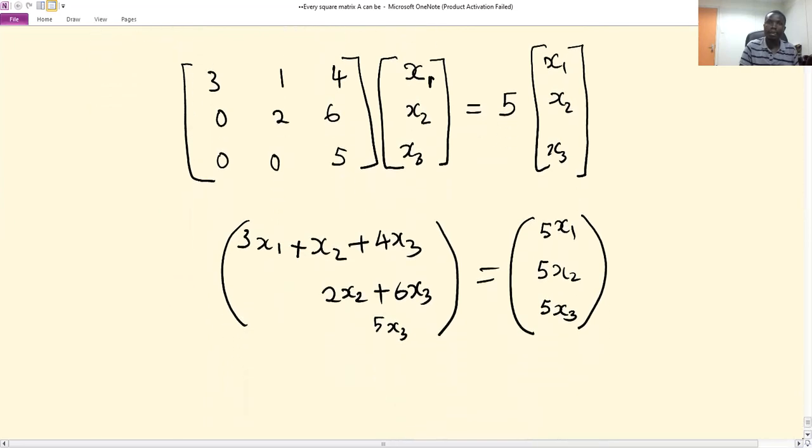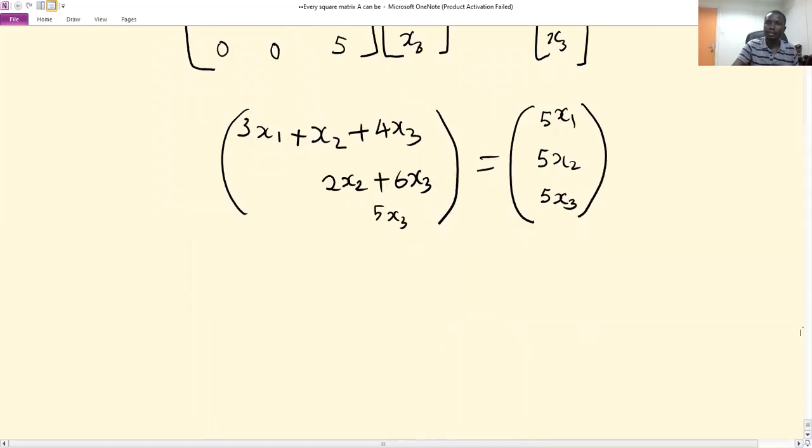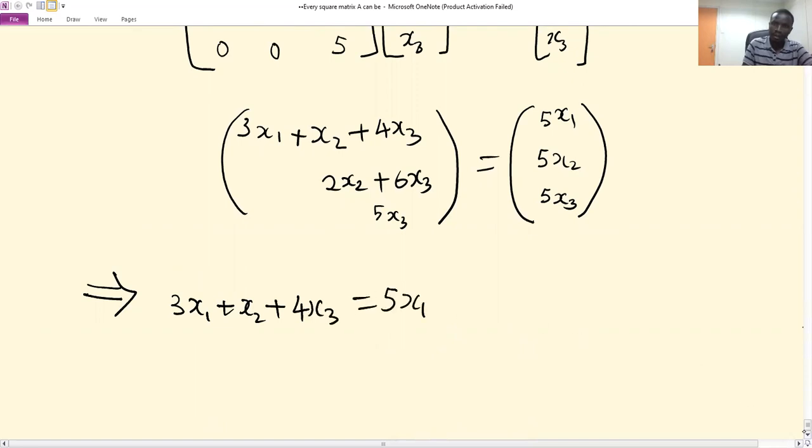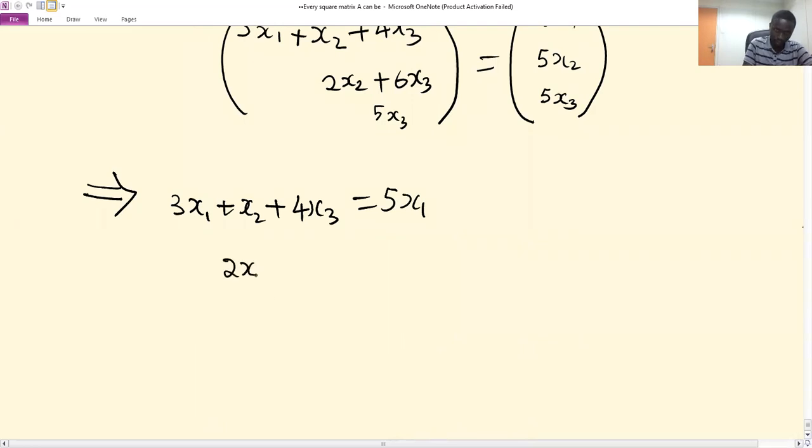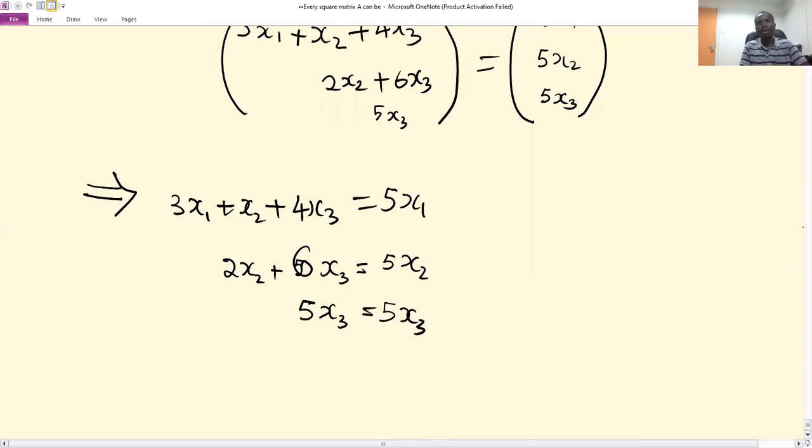And then next, this implies that 3x1 plus x2 plus 4x3 equals 5x1, and 2x2 plus 6x3 equals 5x2, and 5x3 equals 5x3. So this equation is always true for any value of x3.